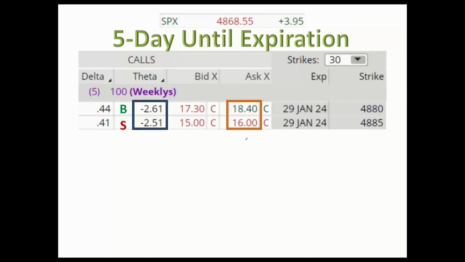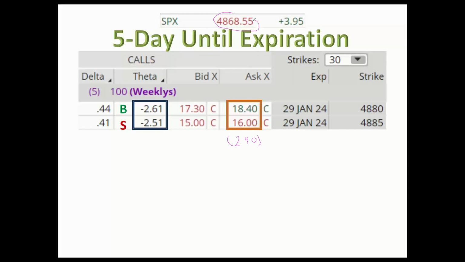Well, here you see this trade is going for what? With 5 days until expiration, it's going for how much? $2.40. If I bought this spread, it'd be a $2.40 debit. How much will it lose, all variables remaining constant, by the end of the day, if the market stays at 48.68.55?